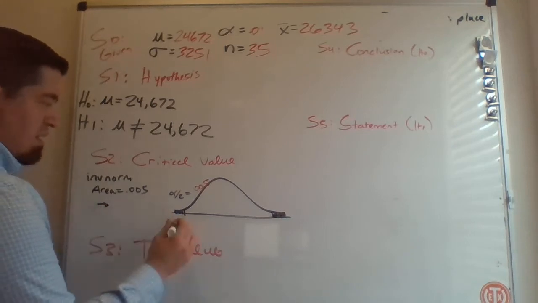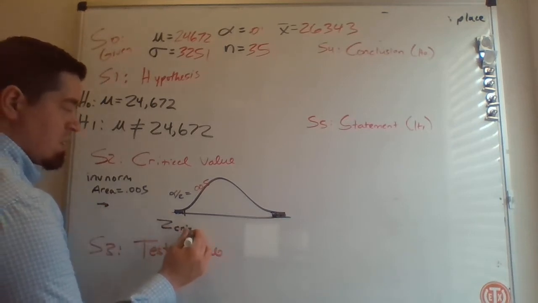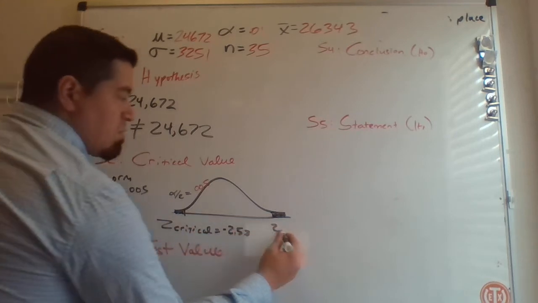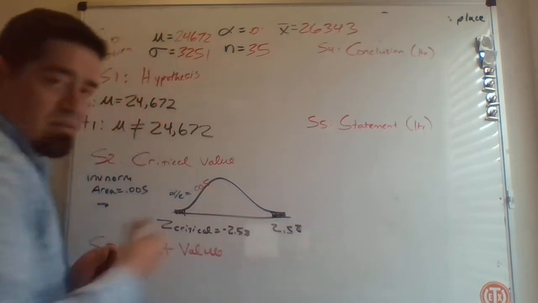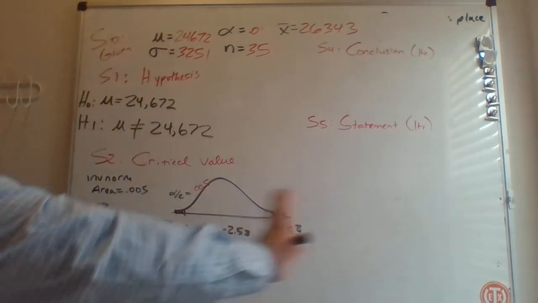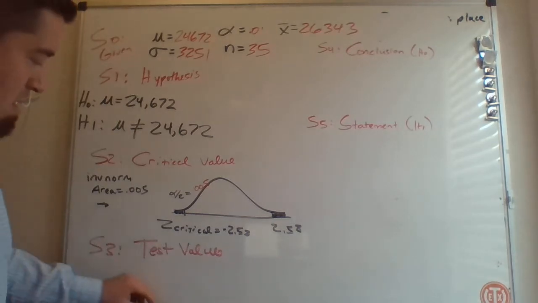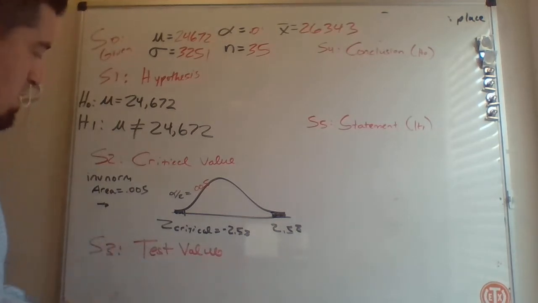I'll put my z critical right here: negative 2.58, but also positive 2.58, because on a two-tailed test there are two critical values, and anything that goes beyond those critical values is in the critical region. Therefore we'd reject the null, and if not, we fail to reject.